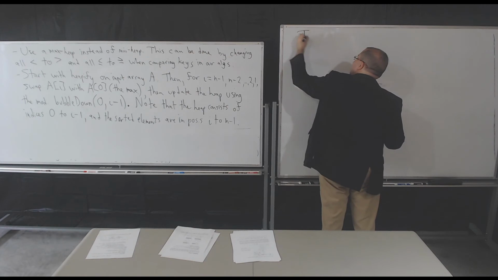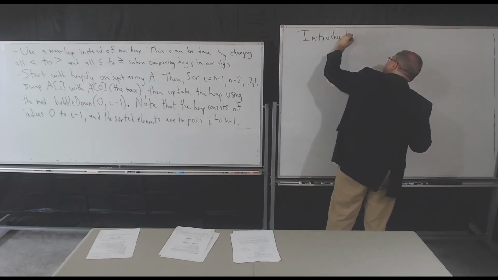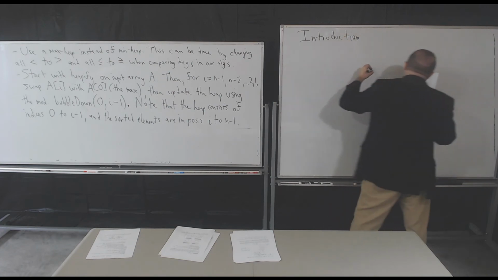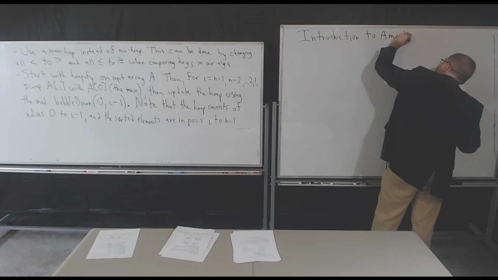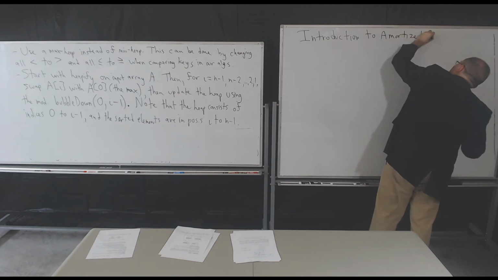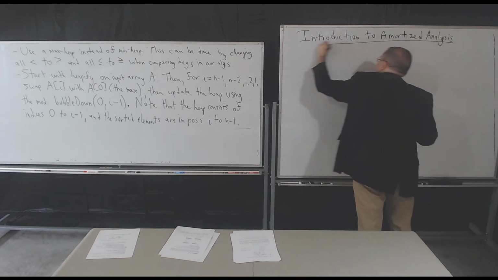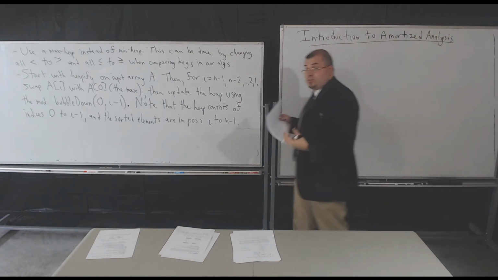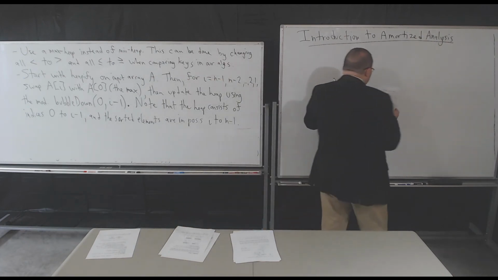This is not by any means meant to be a comprehensive look at this topic, because this is a giant rabbit hole. But I want to show you this because in data structures, this type of analysis is quite prominent, especially these days, because it's quite useful in its own regard.